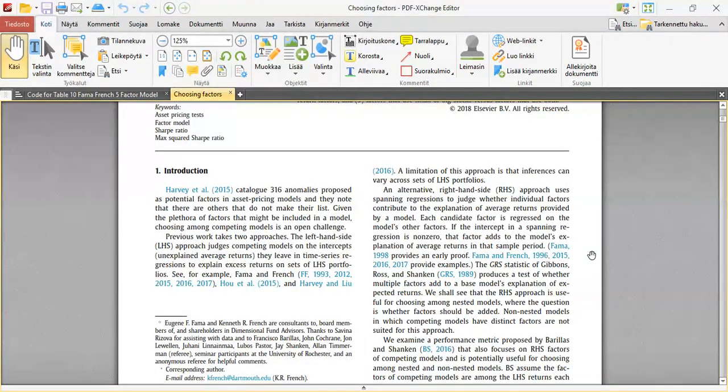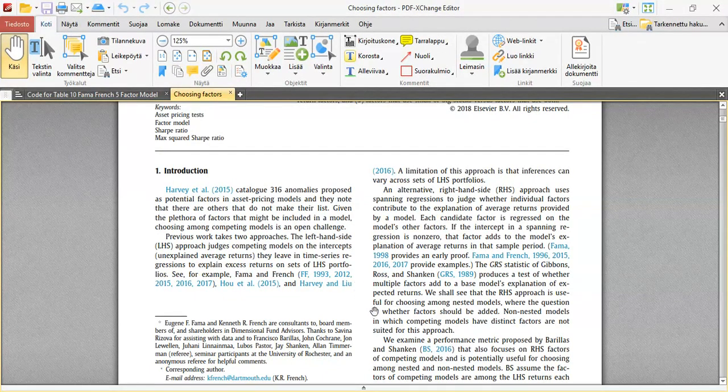So the problem is that we have more than 316 anomalies that are proposed in the literature as potential risk factors in asset pricing models. And now the question arises, what should be the criterion to choose among these factors? Which of these factors are potential candidates for risk factor models or for asset pricing models?